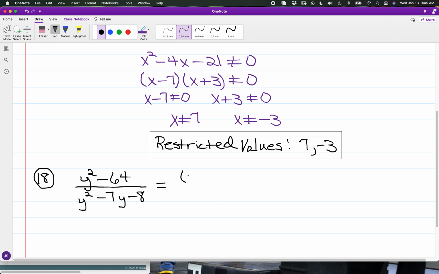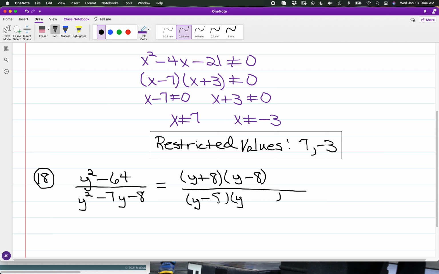And looking at factoring, in the numerator we once again have the difference of squares, so this will go to the quantity of y plus 8 times that of y minus 8. And for the trinomial, y squared minus 7y minus 8, factoring is like what we did with x, but this time with the letter y. So we have factors of negative 8 whose sum or difference will be negative 7.